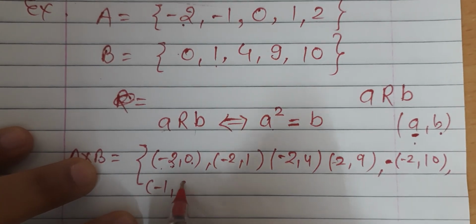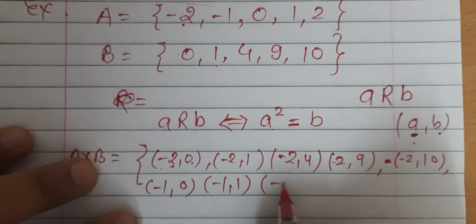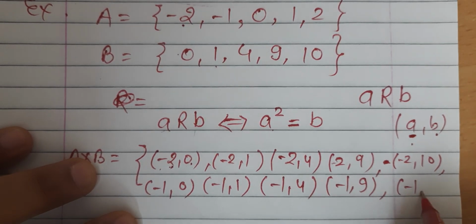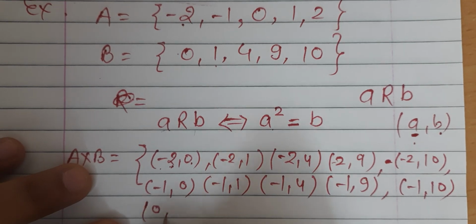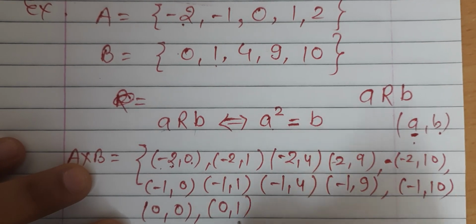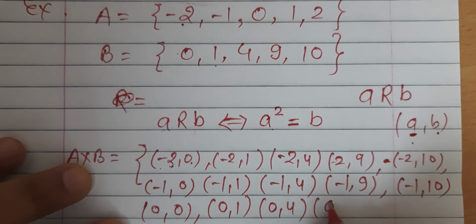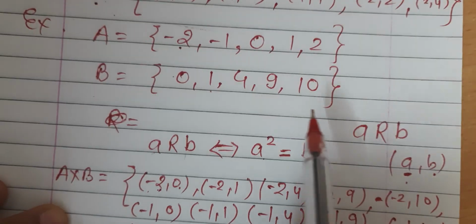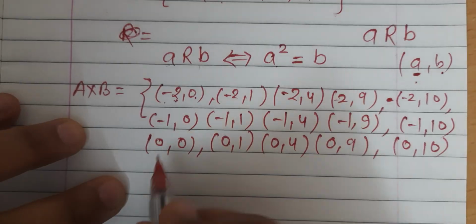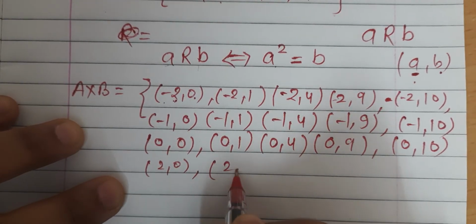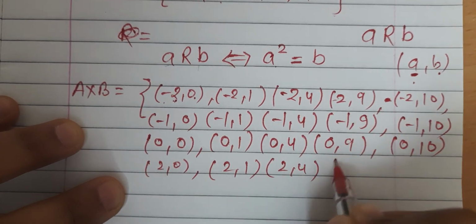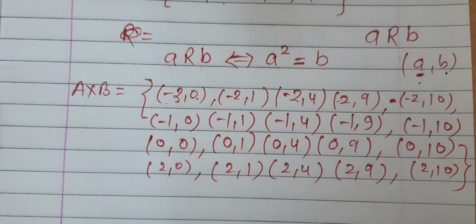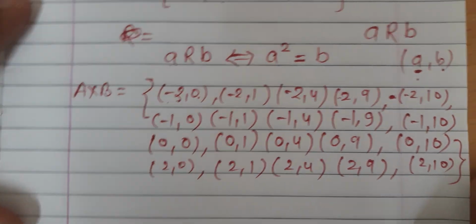Then minus 1 comma 0, minus 1 comma 1, minus 1 comma 4, minus 1 comma 9 and minus 1 comma 10. Then 0 comma 0, 0 comma 1, 0 comma 4, 0 comma 9, 0 comma 10. Next is 2 and all elements: 2 comma 0, 2 comma 1, 2 comma 4, 2 comma 9, and 2 comma 10. So that is the Cartesian product of A and B.